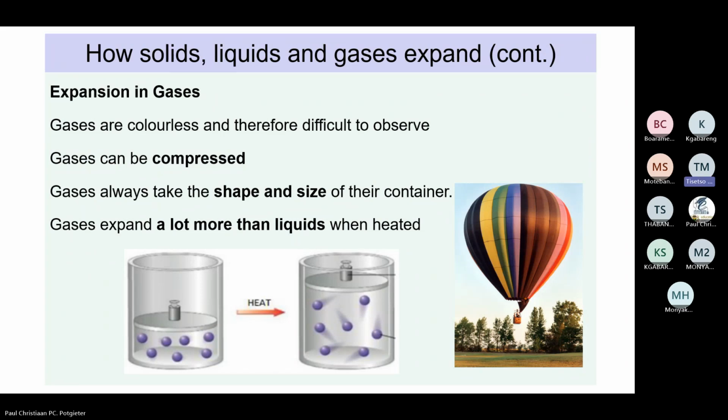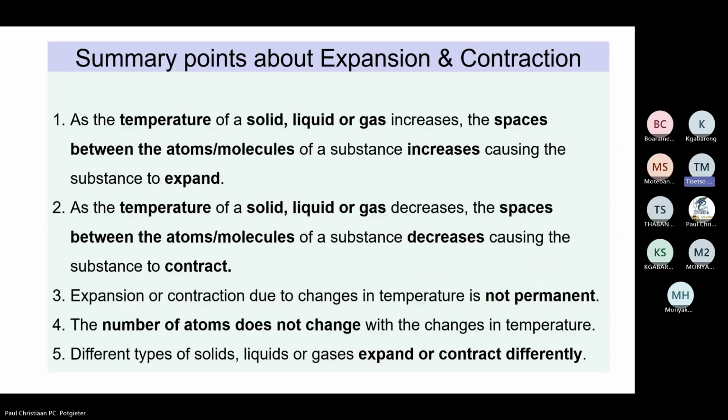Okay, let's just summarize expansion and contraction. It says here, number one, as the temperature of a solid, liquid or gas increases, the spaces between the atoms or molecules of the substance increase, causing the substance to expand.